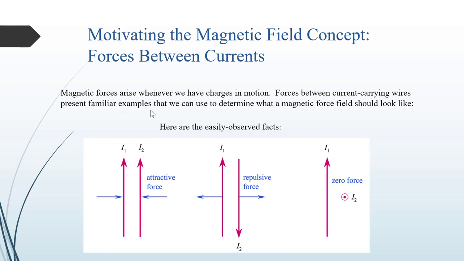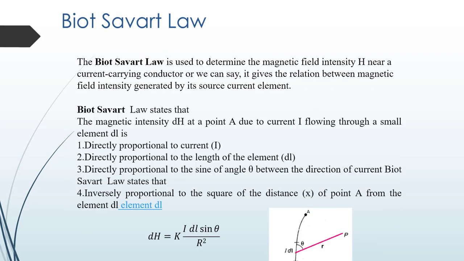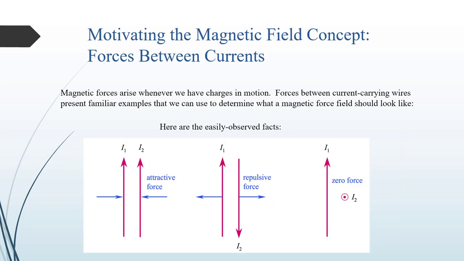Here there are charges in motion that we call current, and because of those current carrying conductors, there may be some forces existing in the magnetic field. So, forces between current carrying wires. Familiar examples that we use to determine this magnetic force will look like the following diagram.